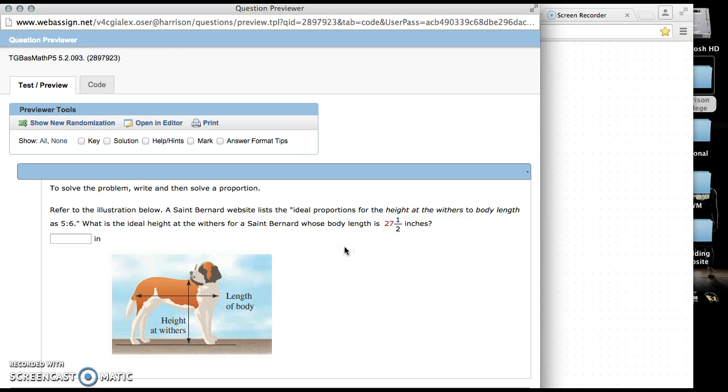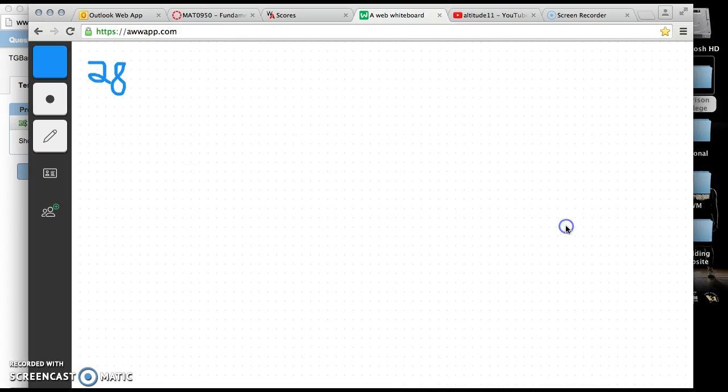All right, so we are going to be setting up a proportion. So remember, a proportion is when you set two fractions equal to one another, and each of those fractions is going to be comparing two things. So notice here at the very beginning it says that we have some St. Bernard website that lists the ideal proportions for height at the withers to body length.